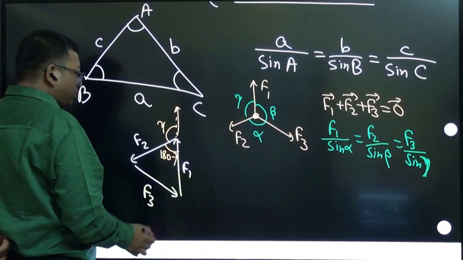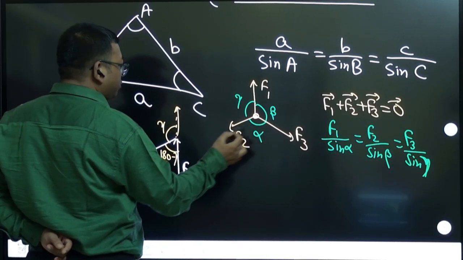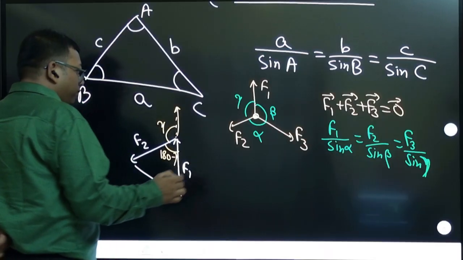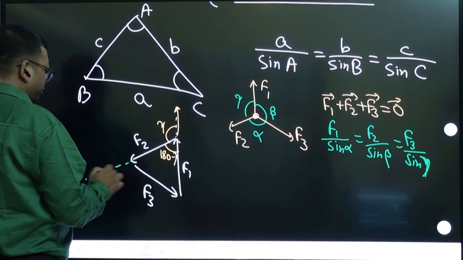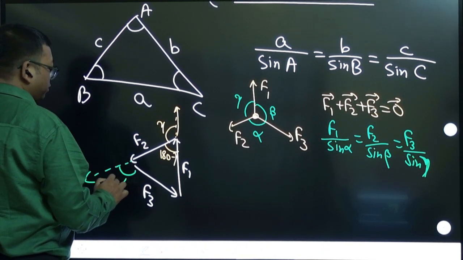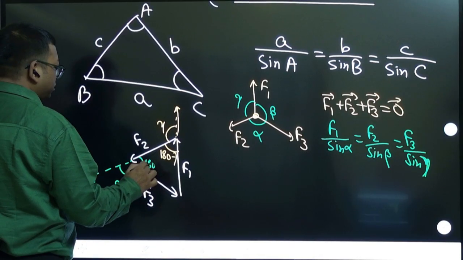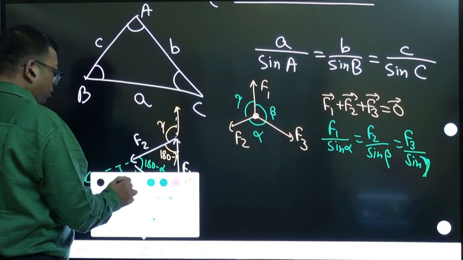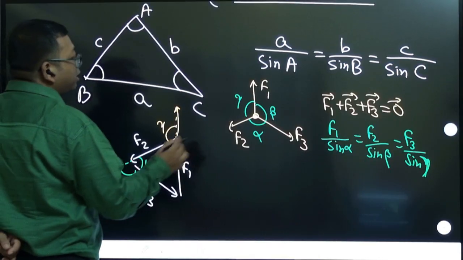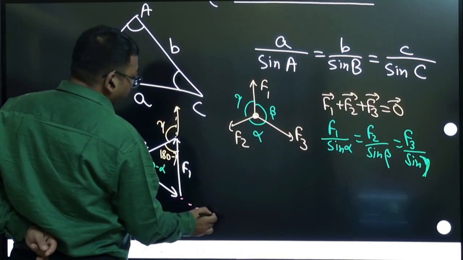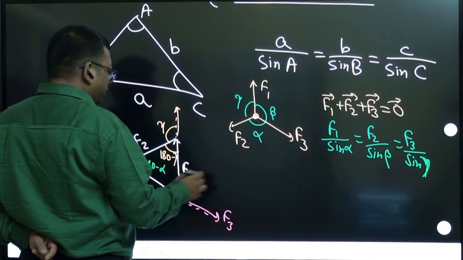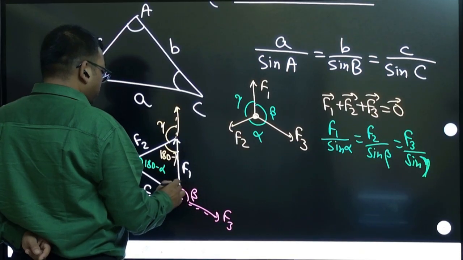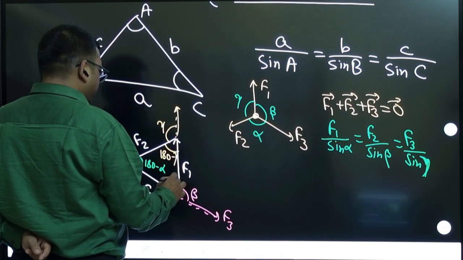Similarly, the angle between F2 and F3 is alpha, so this becomes 180 minus alpha. Similarly, F3 and F1, this angle is beta, so that becomes 180 minus beta.